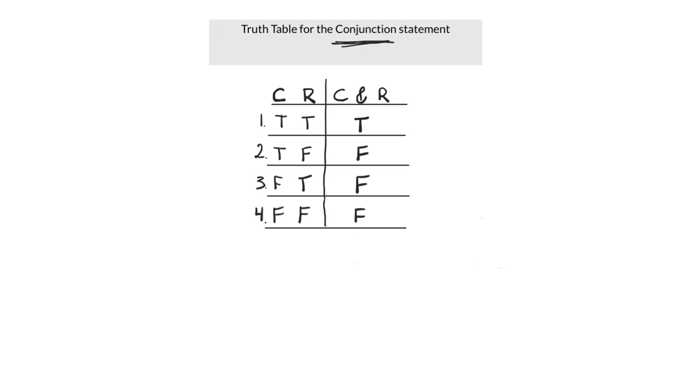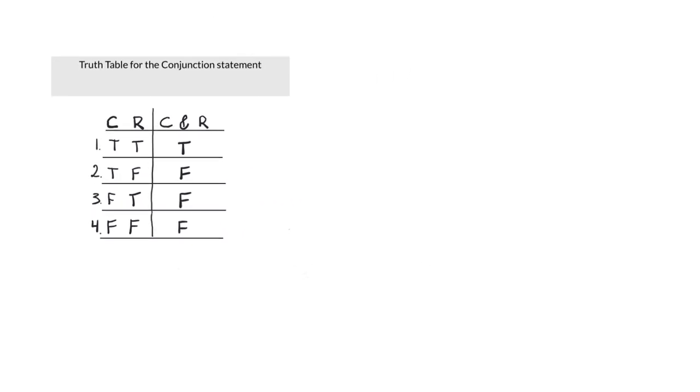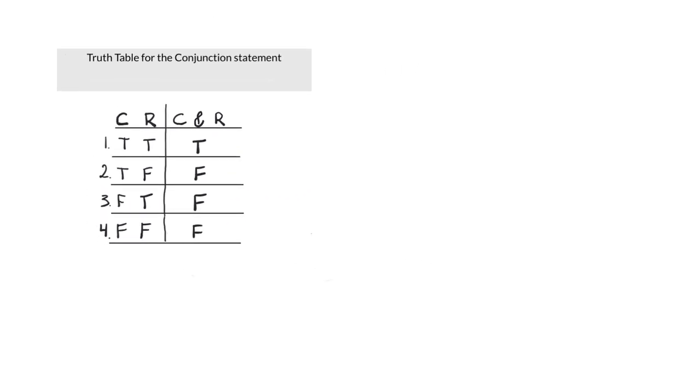We also want to recognize more complex forms of a conjunction. So let's put this over here to the side. So C and R is a conjunction, but also this is a conjunction. Where we have two statements.